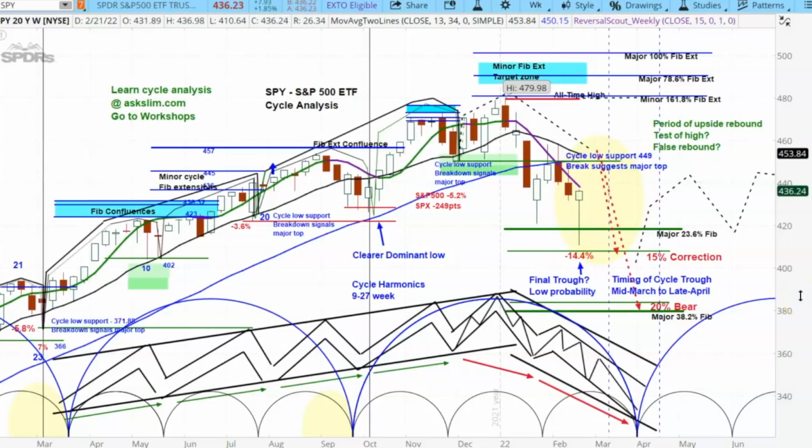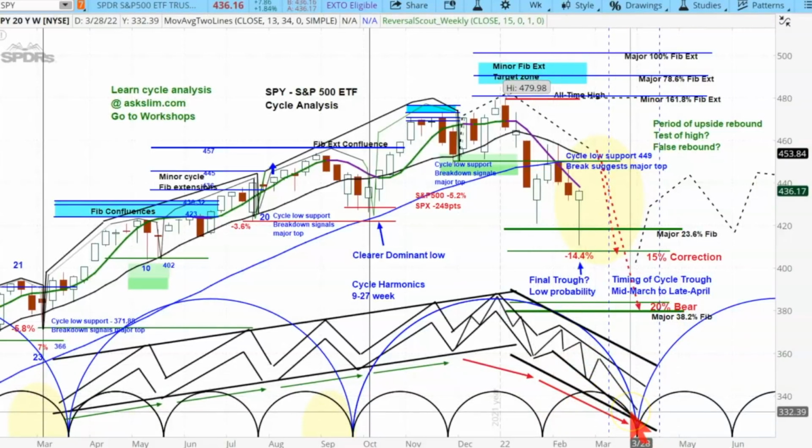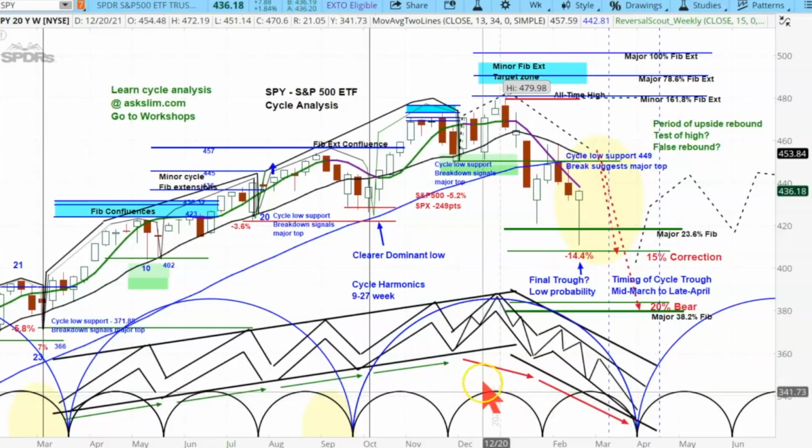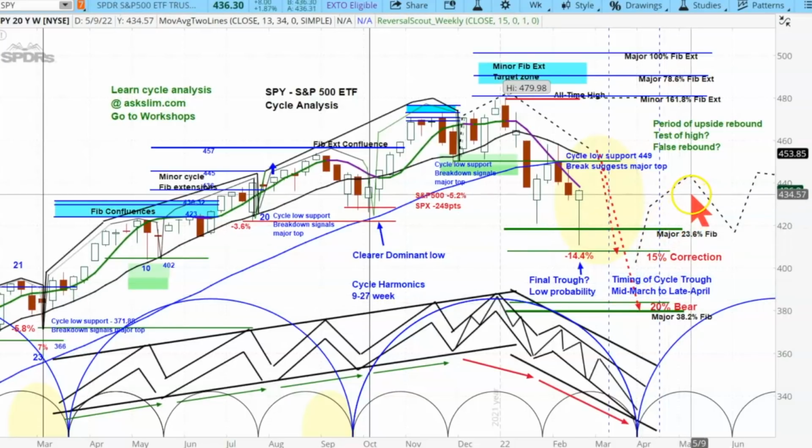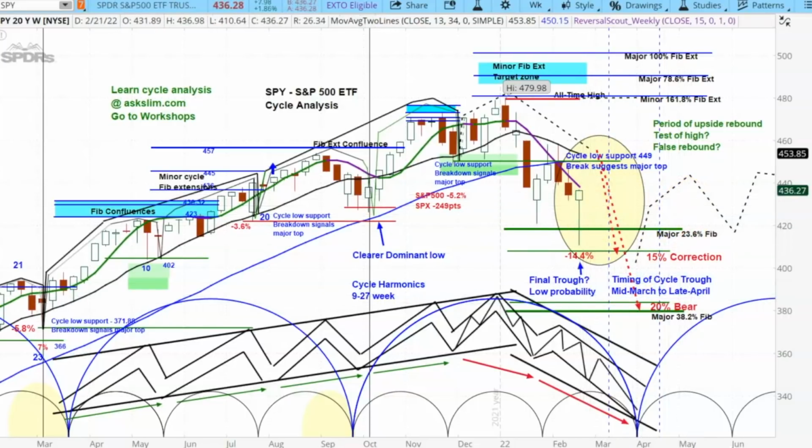I think the highest probability is getting down to near that low of 410 one more time, and then wrapping up what is the third cycle right in here, aligning with the daily chart that I showed you, and the second of these downward cycles that you see right in here, and that giving you the bottom that we were looking for and the upward move out over here. If you're buying now, again, I'm saying there's a pretty good probability that that is premature and that we're going to see the markets move down again.